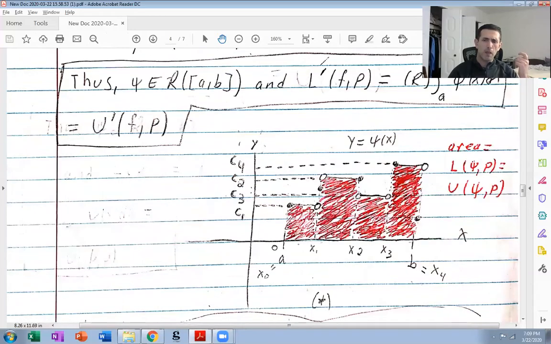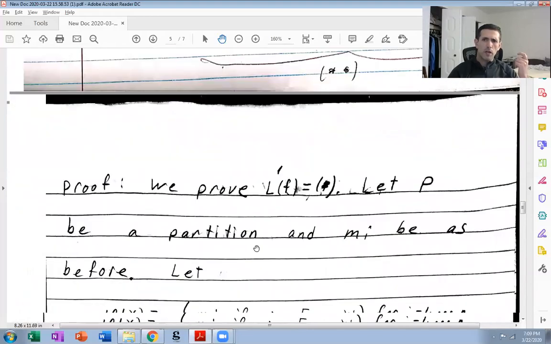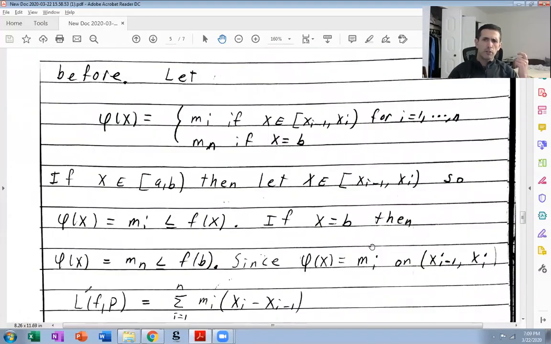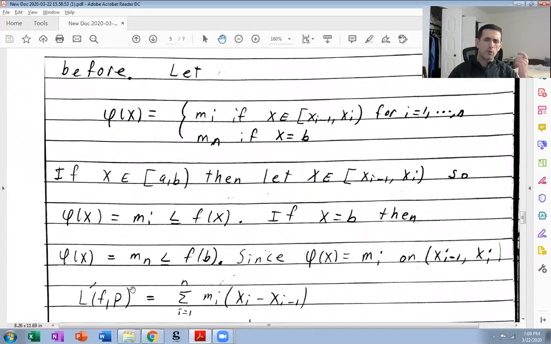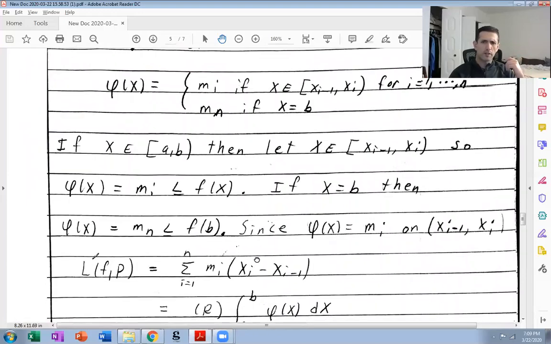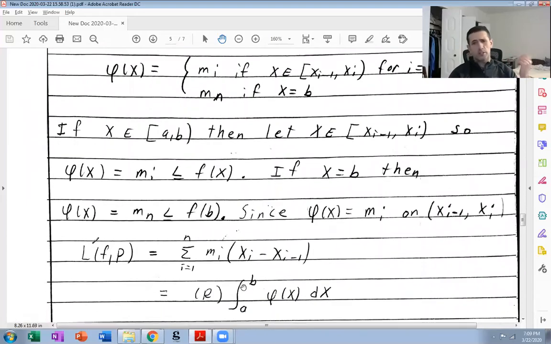Okay. So on each of these partition intervals, phi of x is little mi. So particularly the lower modified Riemann sum is this sum here. We also mentioned, proved that this is going to coincide with the integral, the area under the step function.